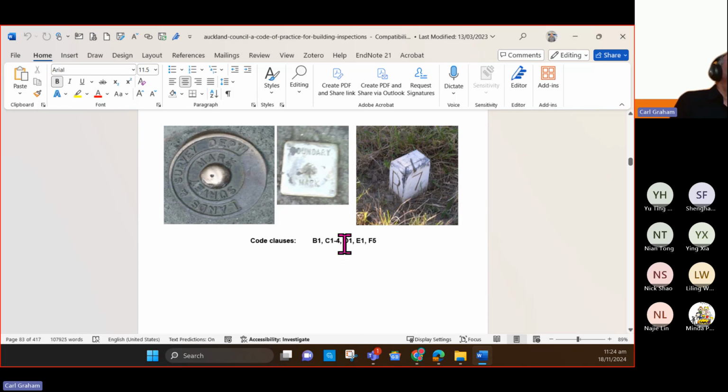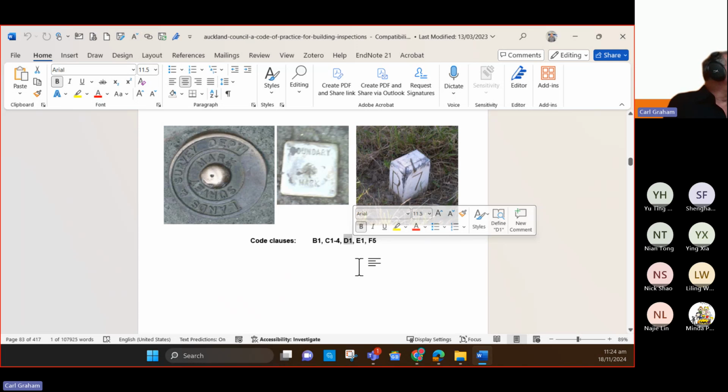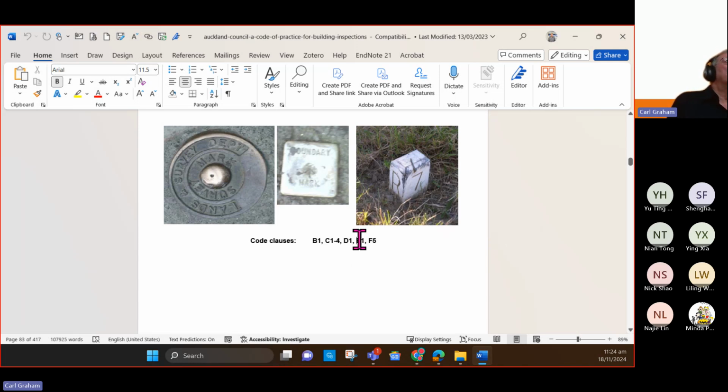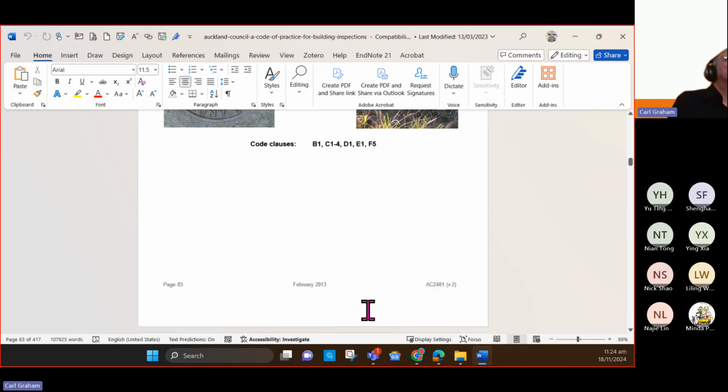It's updated. D1 is access, for disabled access issues. E1 is water on a site. Basically, is the water on the site going to stay on the site? And F5 is to do with demolition, construction on a building site.